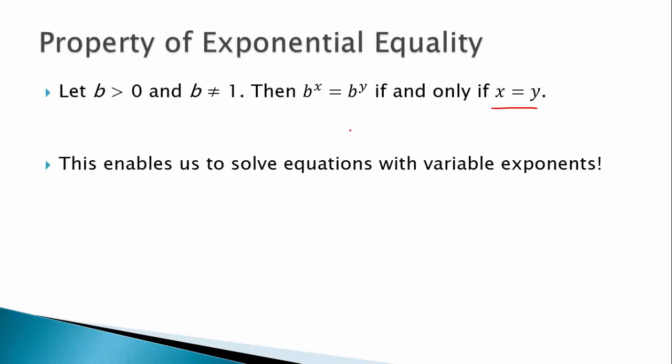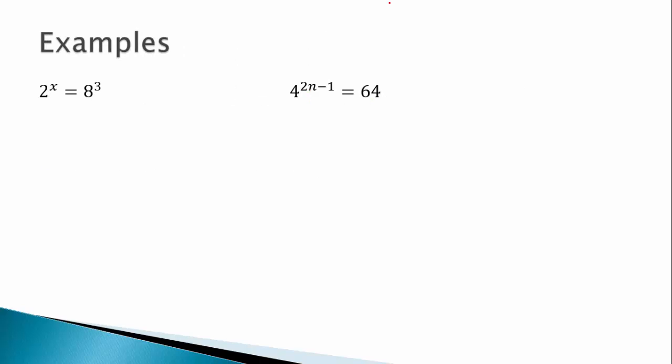That's what's going to let us solve equations that have variable exponents. Essentially, we're going to get like bases on both sides of an equation and then just focus on the powers themselves. So let's look at some examples of that.